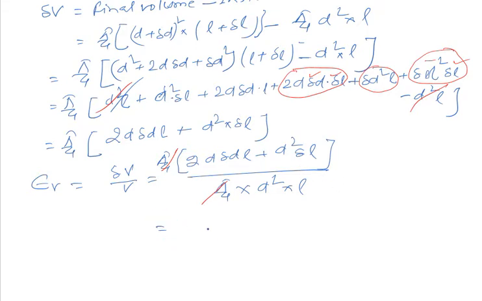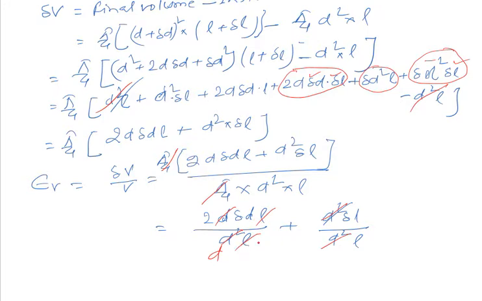So if we break this value, like 2d delta d L divided by d square L plus d square delta L divided by d square L. So this d square and d square is cancelled, this d square and d square is cancelled, and here d square, that is d, and this L and L is cancelled.